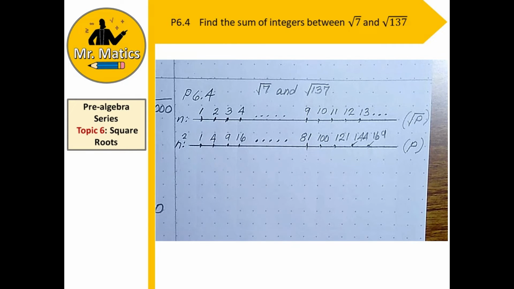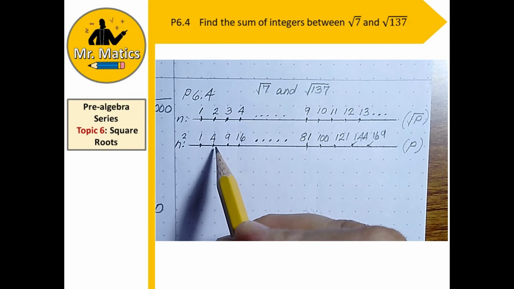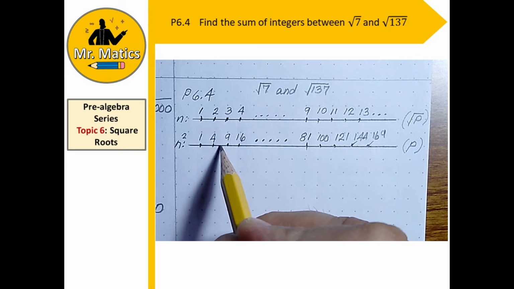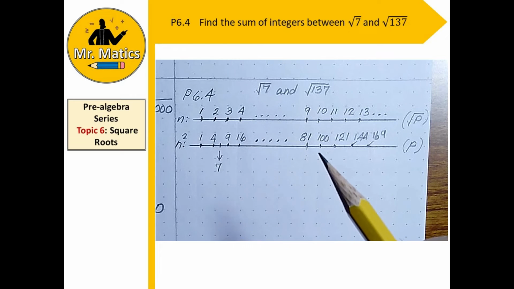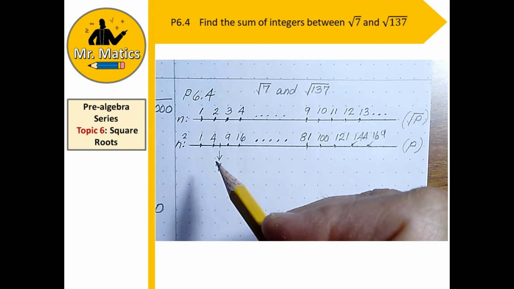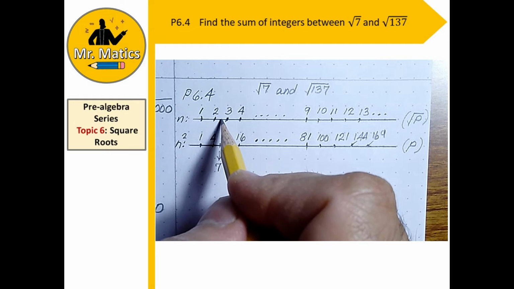So let's look at root 7. Where would it be located? 7 is located between 4 and 9, somewhere here. So root 7 will be located somewhere here.